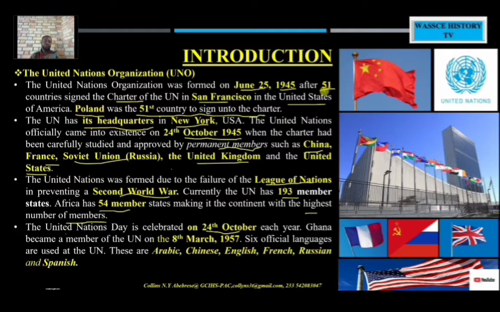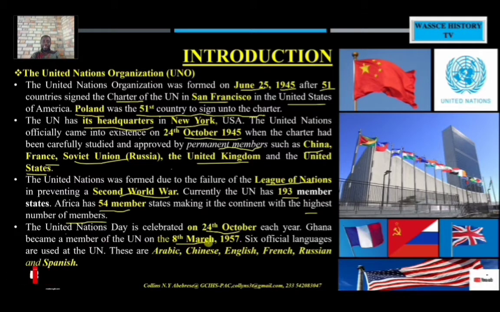Of course, the charter was signed by 51 countries, but the UN had not come into existence at that time until the charter was approved by the 5 permanent members. And so UN Day is celebrated on 24th October. That is the day that the charter was actually approved.